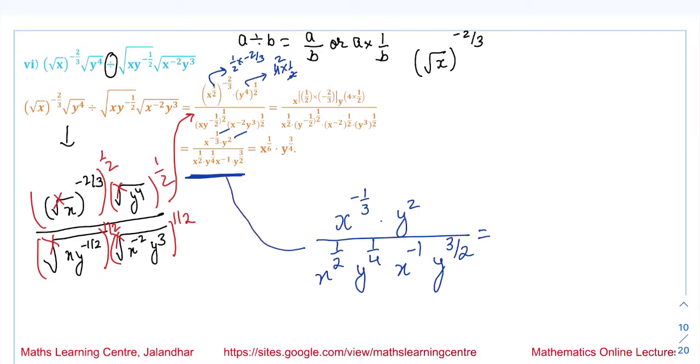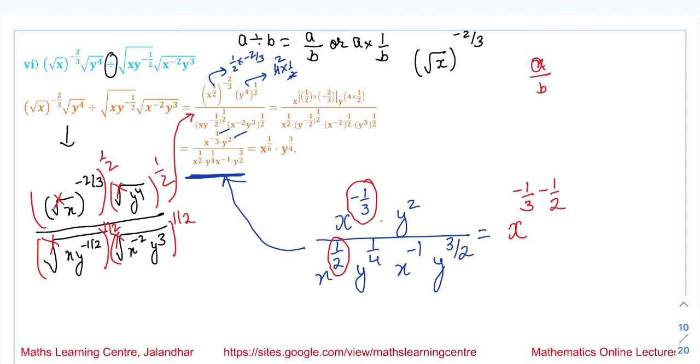This is, I'm talking about this particular step. So the final answer that you will write is x raised to the power. When you write the powers of x, it is minus 1 by 3. In the denominator it is 1 by 2, so it is minus 1 by 2.